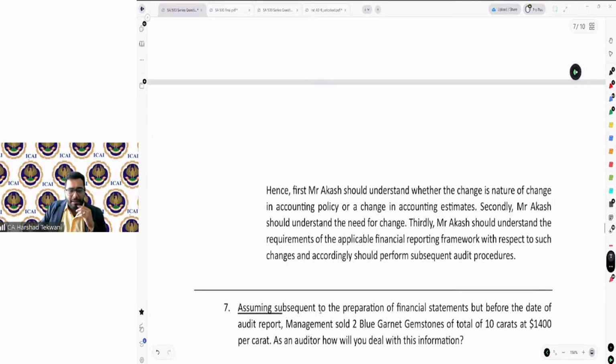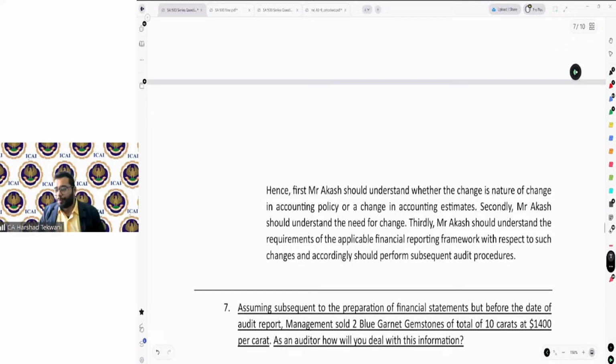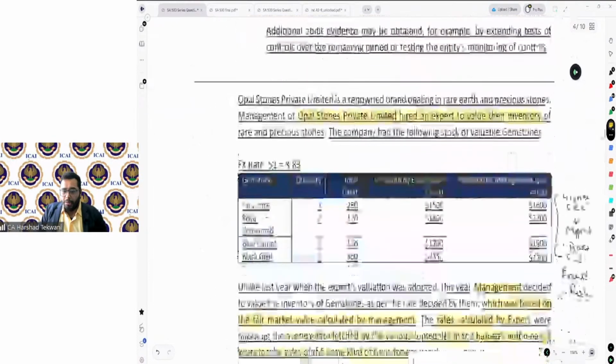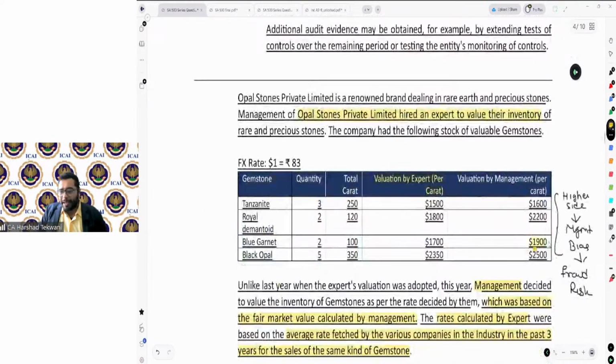For example, assume that subsequent to the preparation of the financial statements but before the date of the audit report, management sold two blue garnet gemstones of total 10 carats at 1400 US dollars per carat. As an auditor, how will you deal with this information? Management's valuation of blue garnet was 1900 per carat.